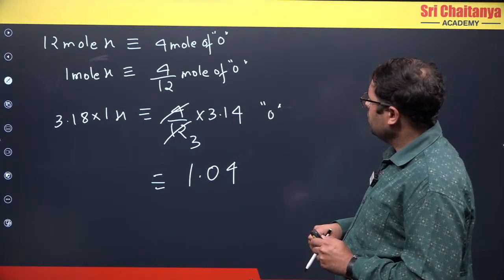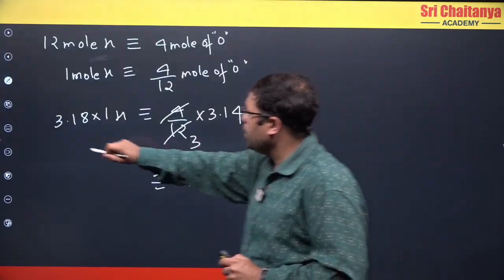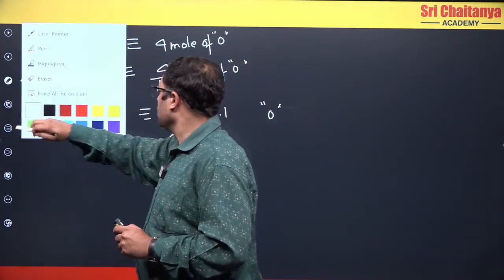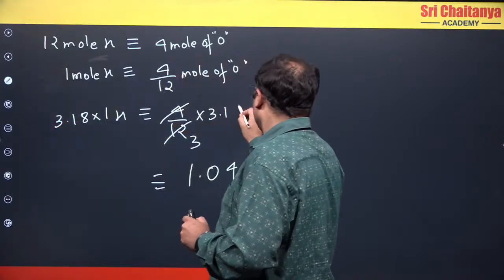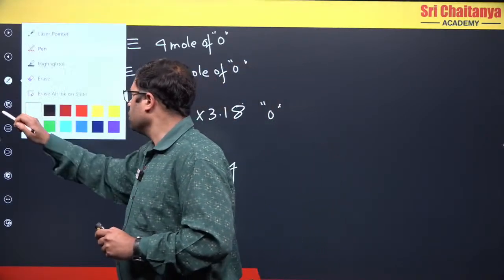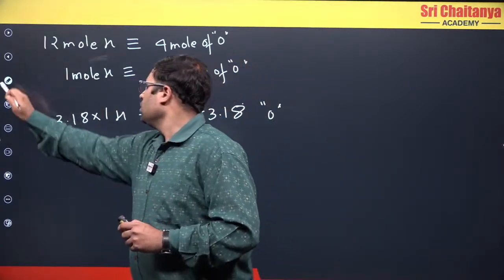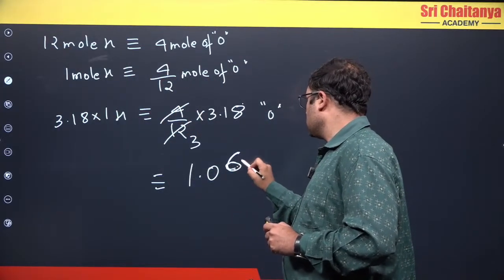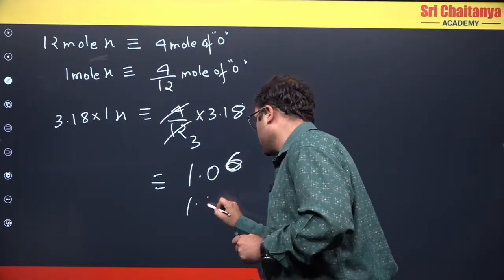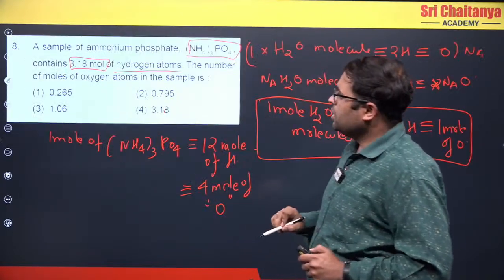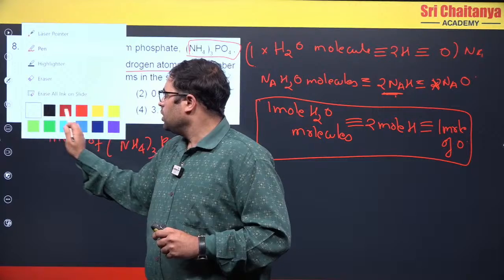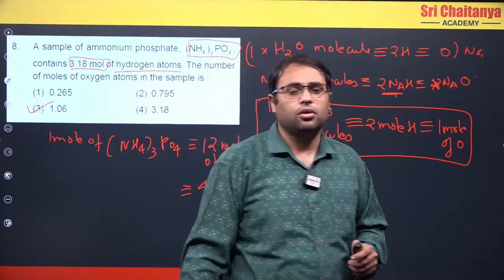One minute. Okay, it's 3.18, not 3.14. So now a little bit more correction is 1.06, right? 1.06. You can see this in the third option, right? So third is your correct option.